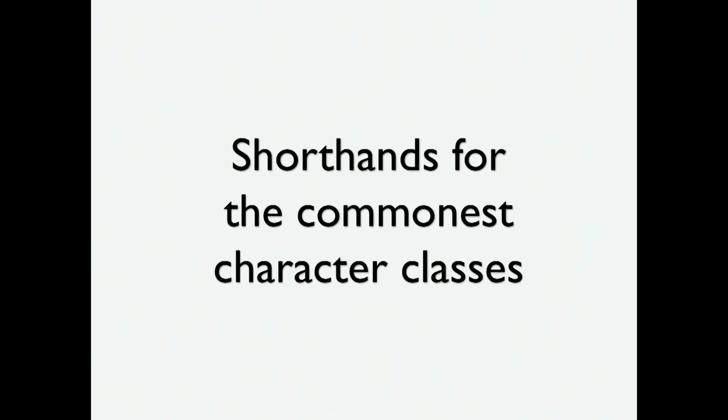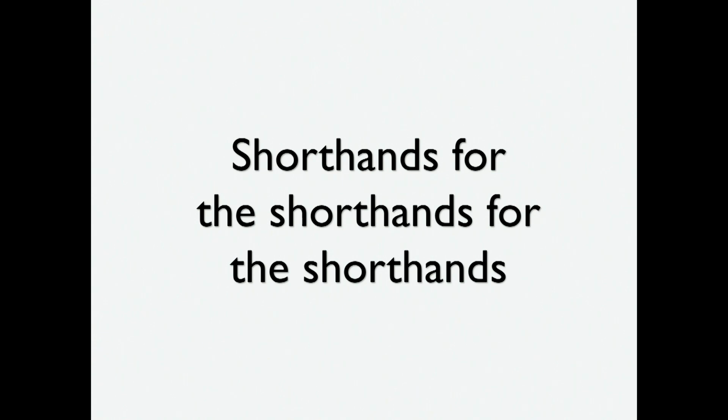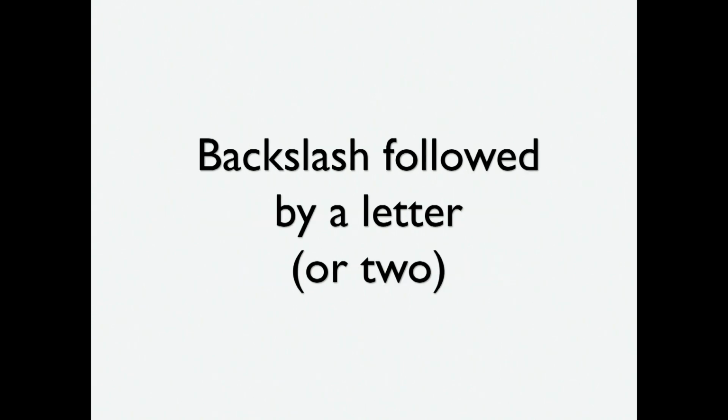So these shorthands for the common character classes, like alphas and digits and so on, actually have shorthands of their own. So at this point we're at shorthands for shorthands for shorthands. And these shorthands don't even require square brackets. Basically, they are a backslash followed by 1 or 2 letters that tell the regex engine what you want at this point.